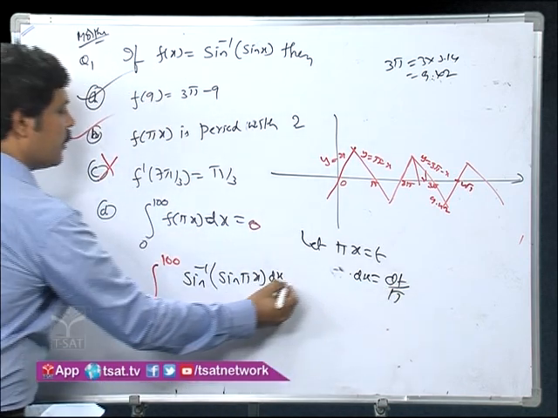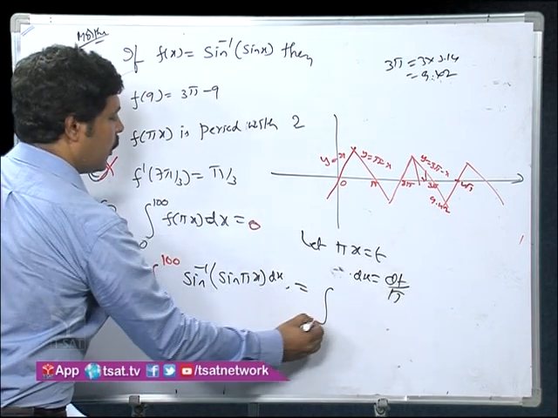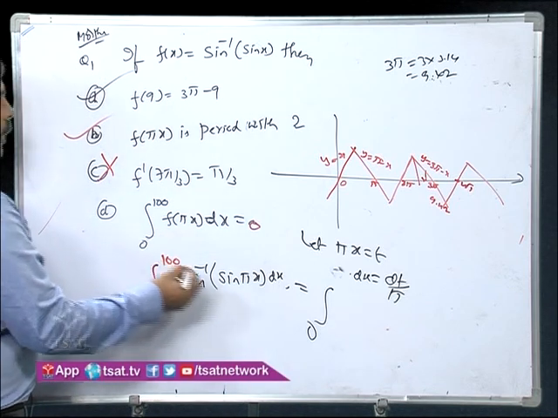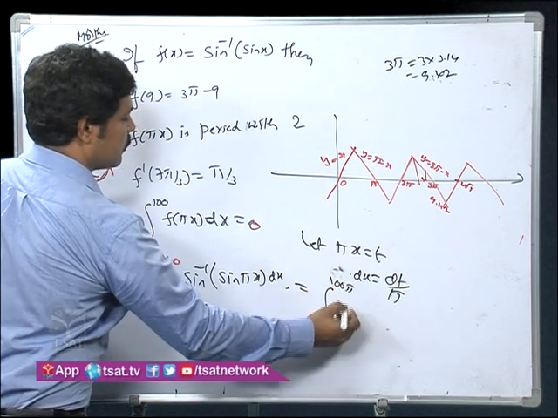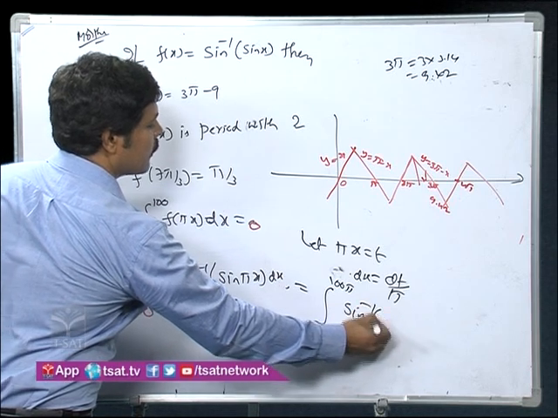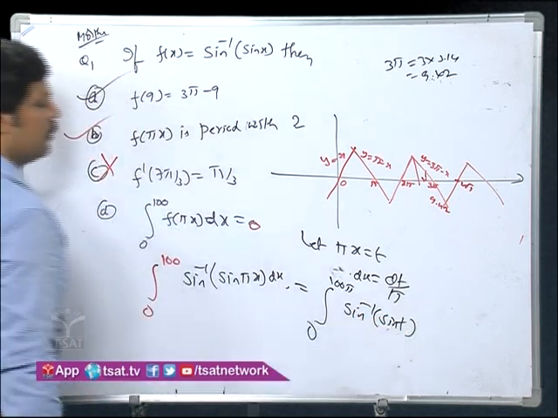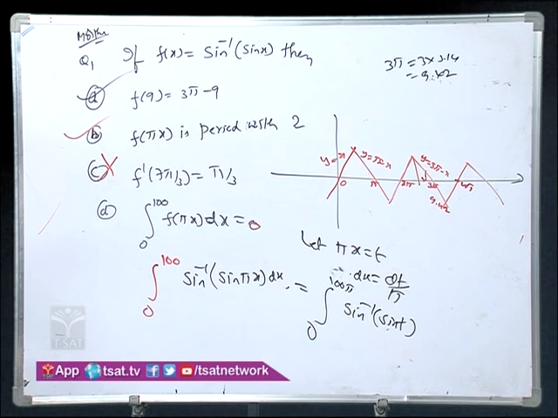That means this value is equal to, lower limit is 0, upper limit is 100 pi, integral of sin inverse of sin t dt.